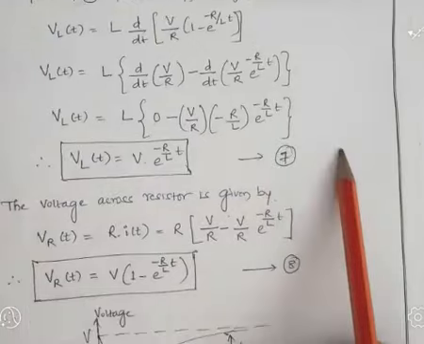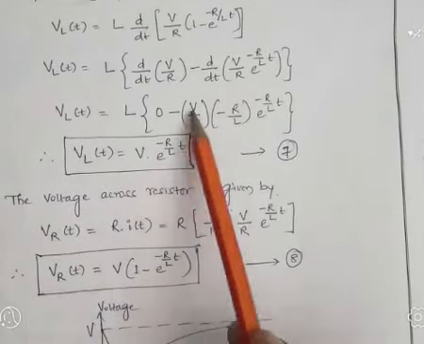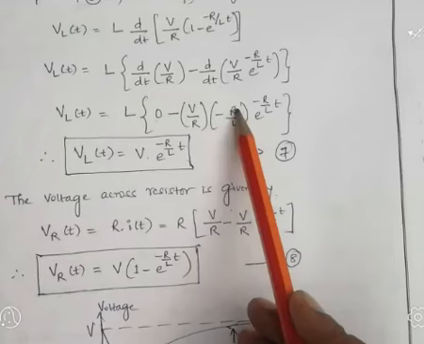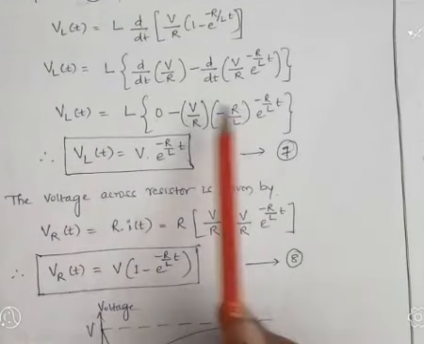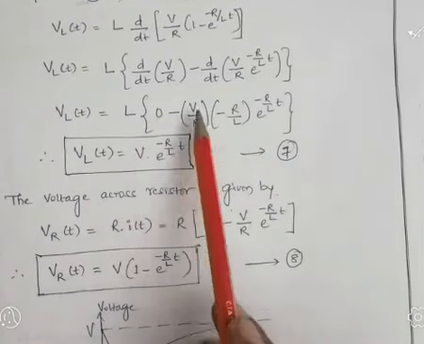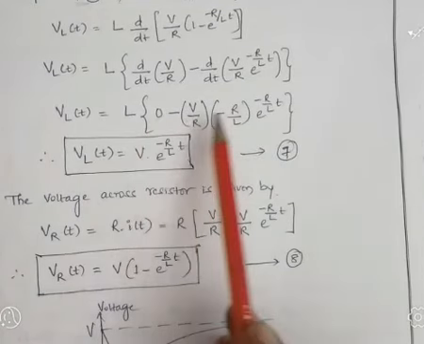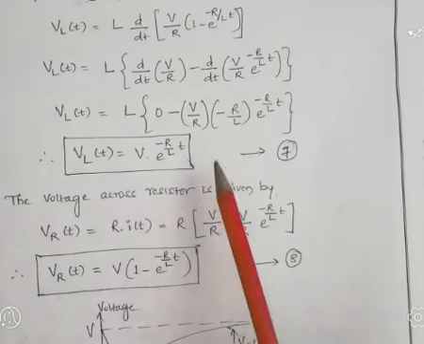Further simplification, minus into minus is plus, V by R into R by L, R cancels, L divided by L cancels, only V is left. Hence VL of t equal to V multiplied by e to the power minus R by L into t, equation number 7. Equation number 7 will give the voltage across the inductor.